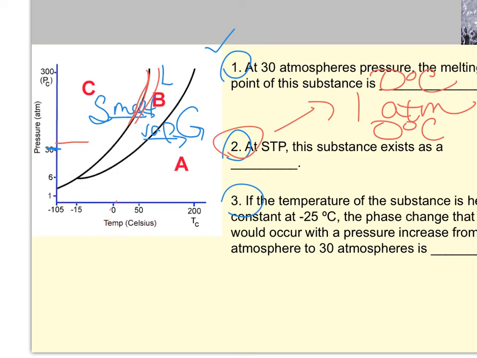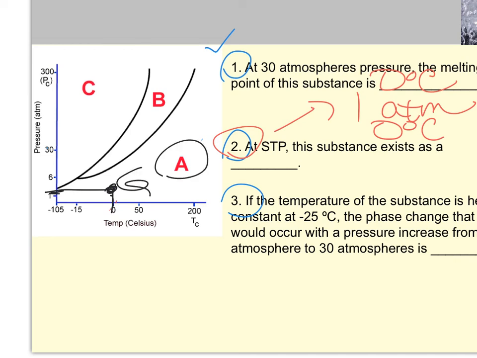Let me get rid of all the marks. So for STP we want 0 degrees Celsius and 1 atmosphere. Under those conditions, the material is a gas.